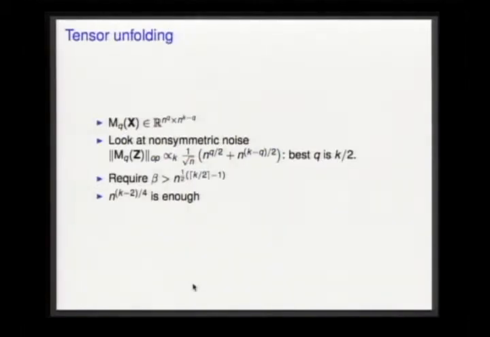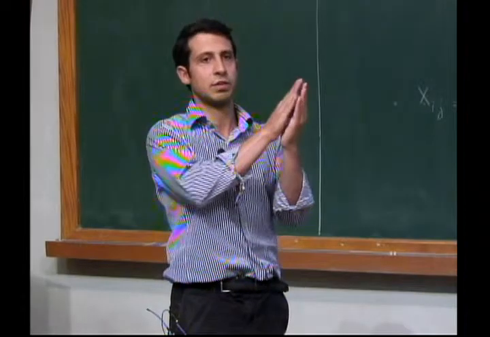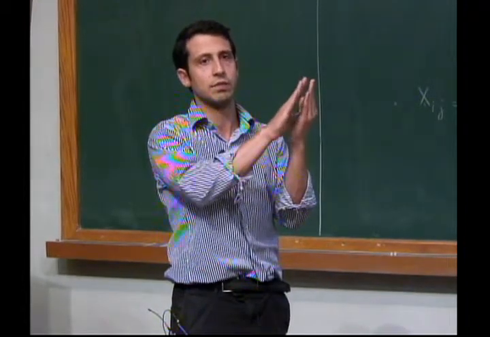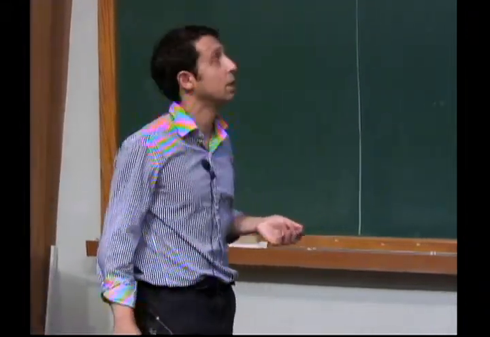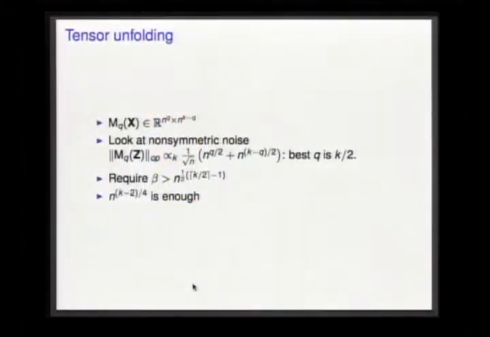So in the case k equals 3, you can see your tensor as a cube, and it's just by taking slices of this cube and building a long matrix out of the tensor. In the case of the non-symmetric noise, we can take a noise matrix V that is not symmetric.